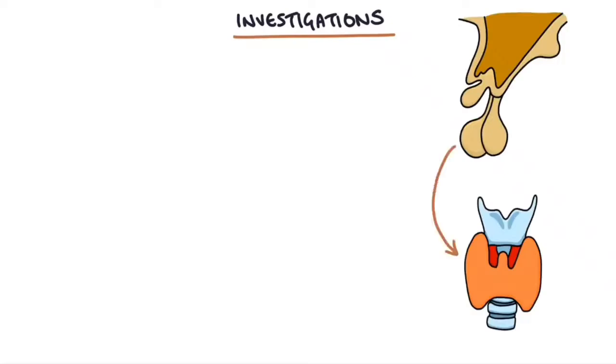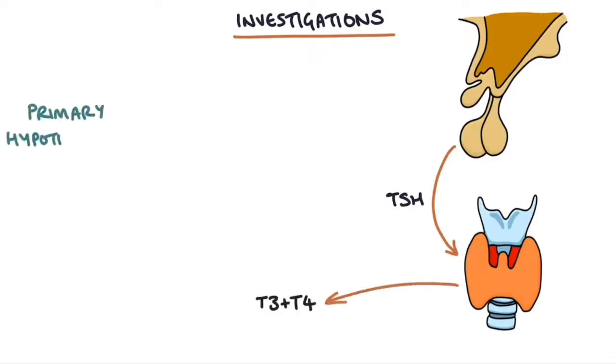So when you suspect hypothyroidism, how do you investigate them? Well, firstly, you would do a TSH, find that the TSH is abnormal, and then do T3 and T4 levels. In primary hypothyroidism, this is caused by a thyroid gland insufficiency.